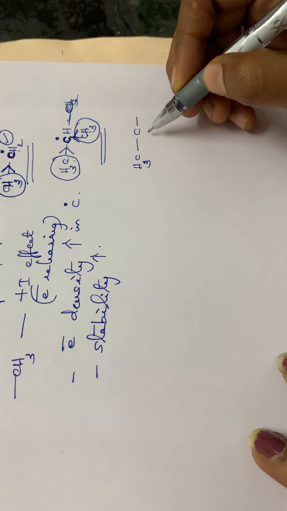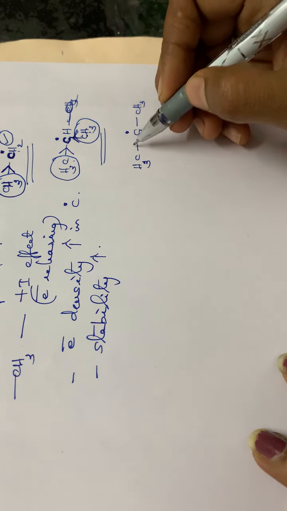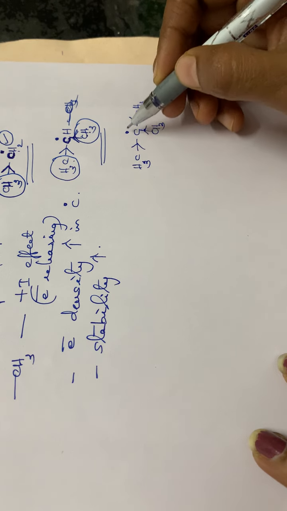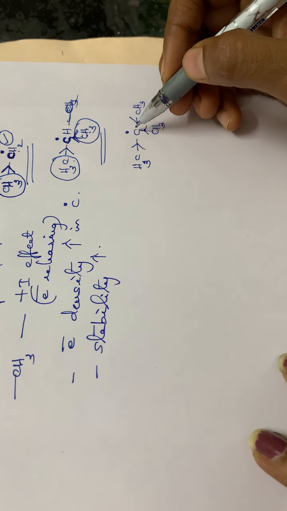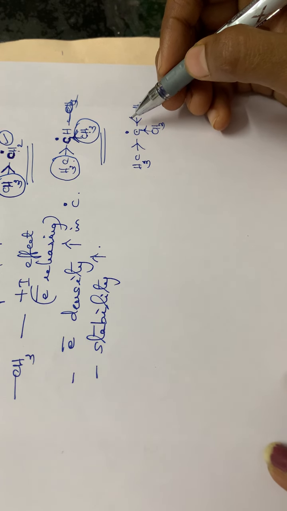Then coming to the next one, tertiary butyl, (CH3)3C dot. Here 3 methyl groups are there, so the electron density will further increase on this carbon atom, and therefore the stability will further increase.